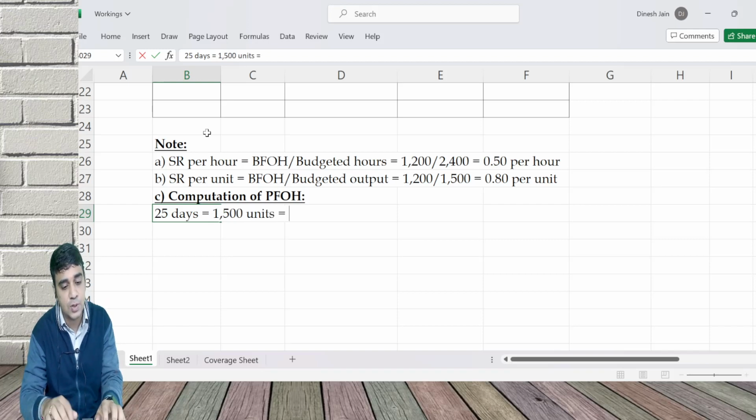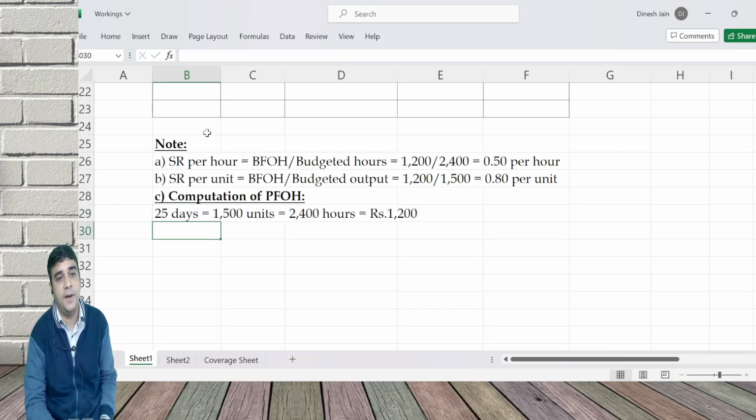How many hours you wanted to work? 2400. And what is the budgeted fixed overhead? 1200. This was the plan: in 25 days, produce 1500 units and work for 2400 hours and have an overhead expenditure of 1200.